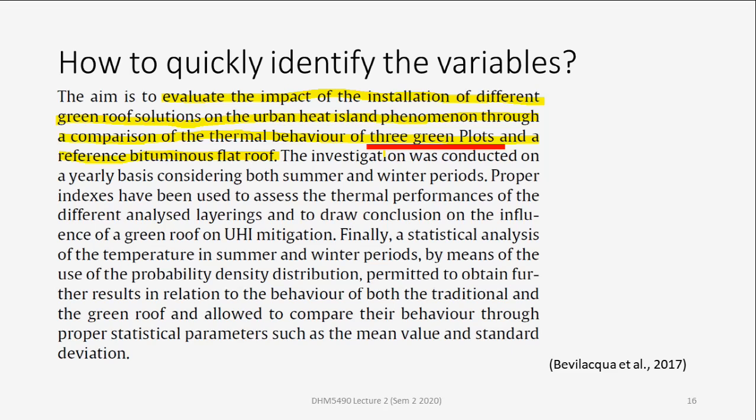this researcher highlighted there are 3 green plots and a reference bitumen's flat roof. The independent variable is very simple. It is the roof type. Roof type means maybe bare roof or green roof.